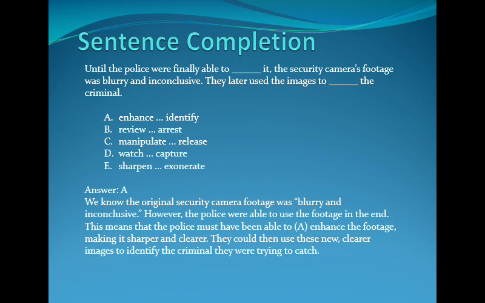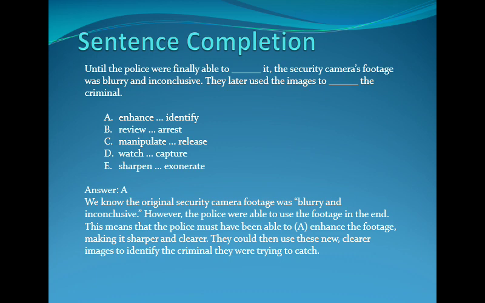Until the police were finally able to dash it, the security camera's footage was blurry and inconclusive. They later used the images to dash the criminal. So it's pretty evident that they had some kind of an incident that the criminal did, probably some kind of a crime. These guys recorded that in a security camera.